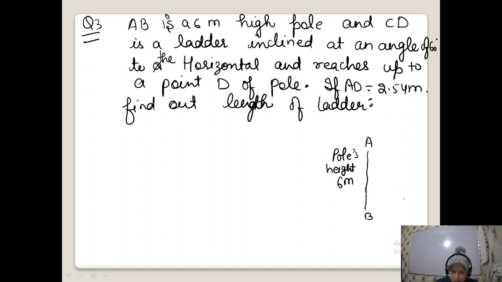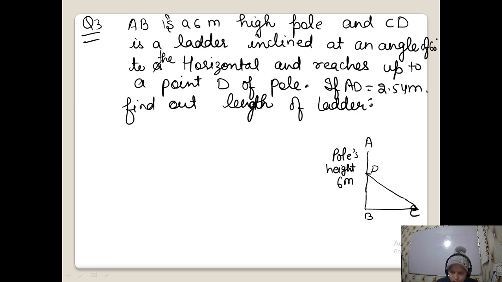CD is a ladder, up to point D. This is point D. From this point D, a ladder is placed at C on the ground.